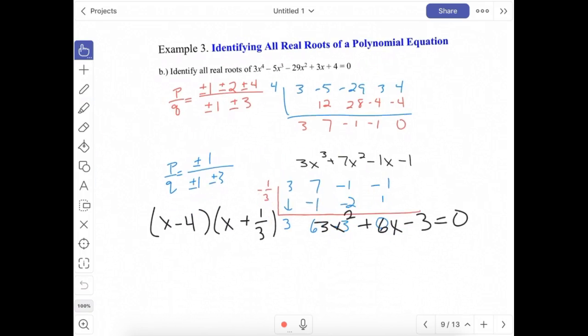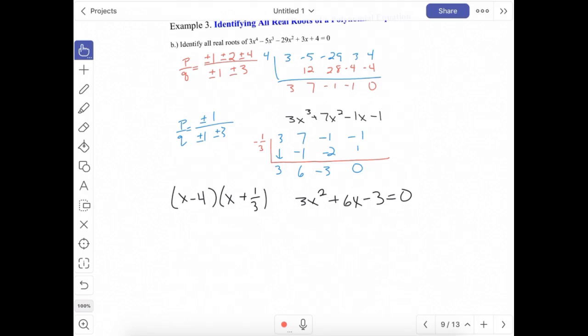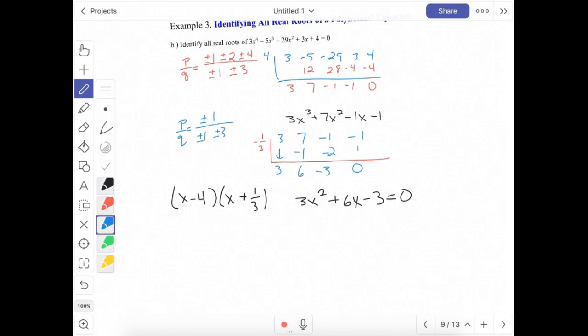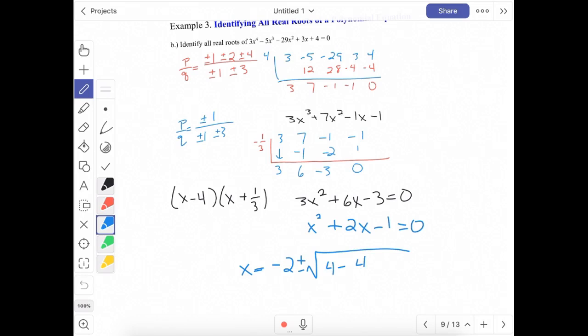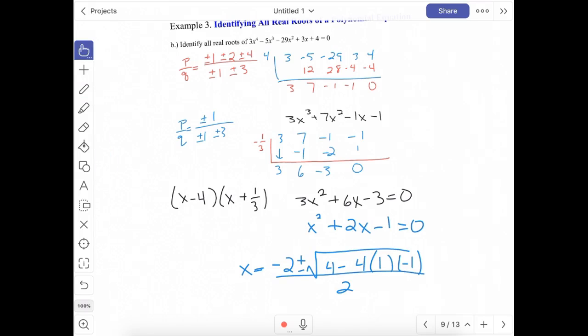And for the last part, we need to use the quadratic formula. Now each of those has a 3, so you can take a 3 out and simplify it down to x squared plus 2x minus 1 equals 0. Again, we're using the quadratic formula, so x is equal to negative b, so that'd be negative 2 plus or minus the square root of b squared, 2 squared is 4, minus 4ac, that'd be times 1 times negative 1, all over 2a, so all over 2.